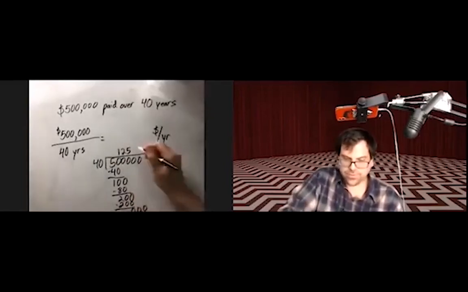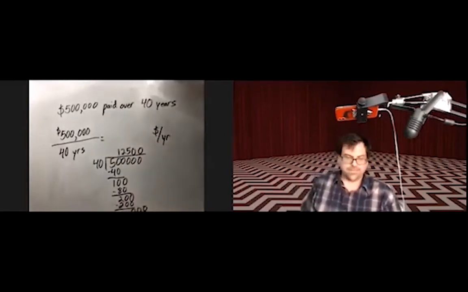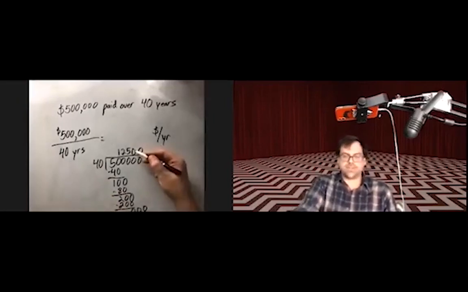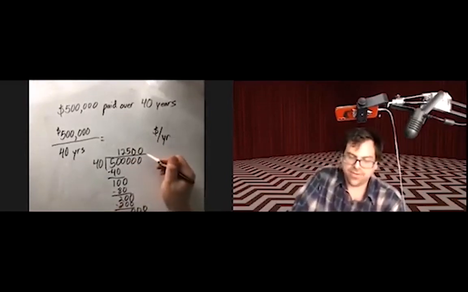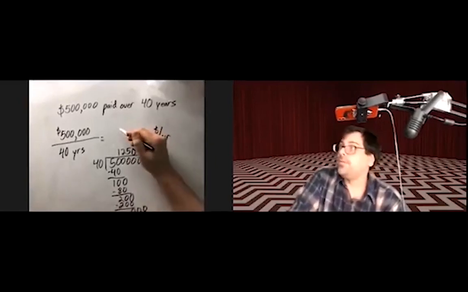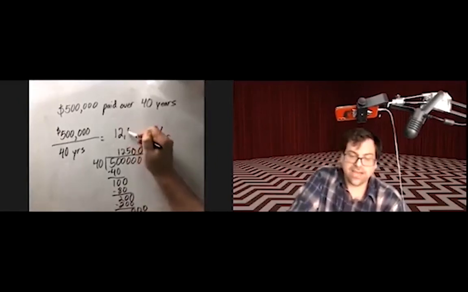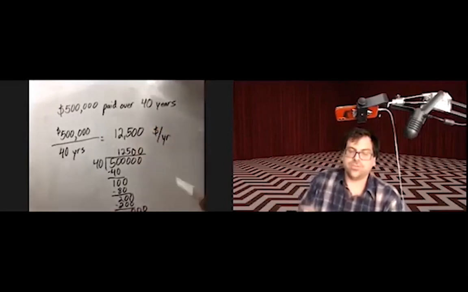The 2 zeros are going to come down. 40 will go into the first zero brought down 0 times. 40 will go into the second zero brought down 0 times. Basically, we're just filling in zeros to finish off the number. The rate is $12,500 per year.